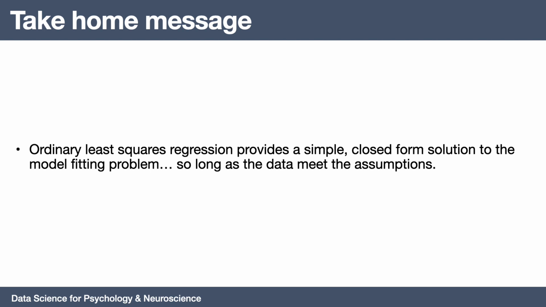You can get it quickly, it's simple, and it's optimal. So this is the beauty of ordinary least squares regression. It's really quick and simple to calculate and will give you the best solution possible without having to do things like gradient descent or other more complex forms of model fitting.